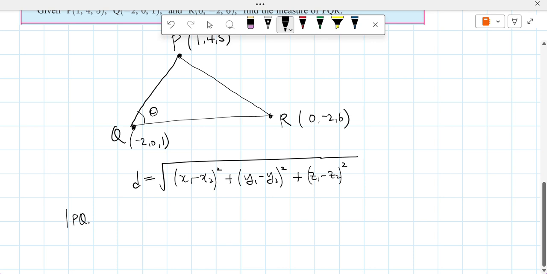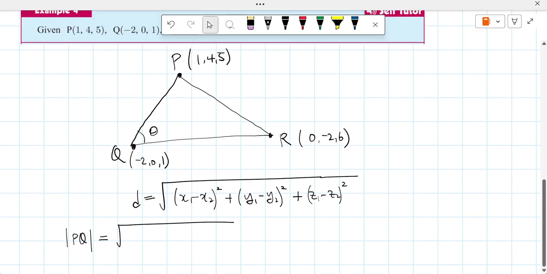Let's find the distance between point P and Q, which is going to be the square root of, well, let's assume that P is the first point and Q is the second point. So it's going to be (1 minus negative 2) squared plus (4 minus 0) squared plus (5 minus 1) squared.